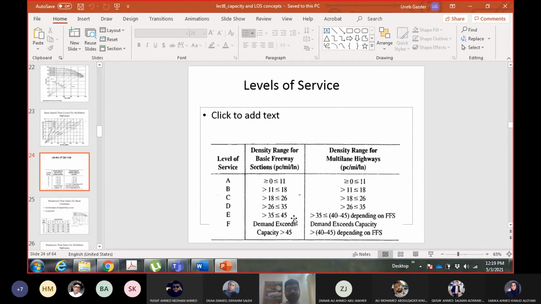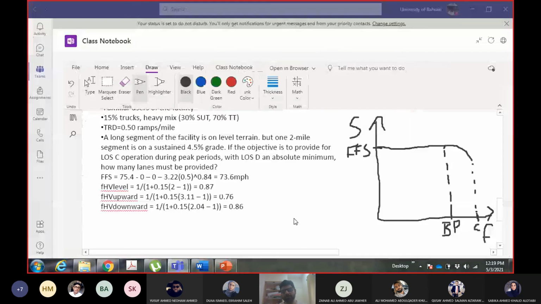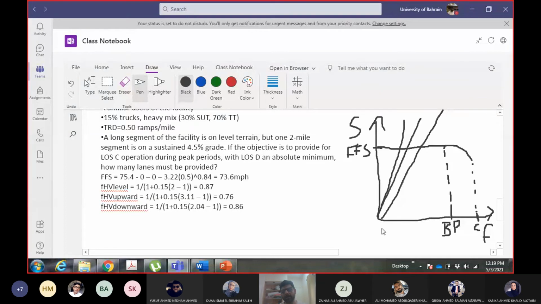So I can draw 5 lines, right? For each value of the slope I can draw a line. I will come to the graph, start from the origin and start drawing the lines according to the slope. Each line has a slope equal to the inverse of the maximum density for each level of service.